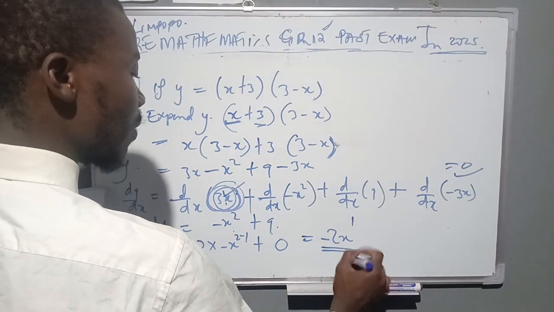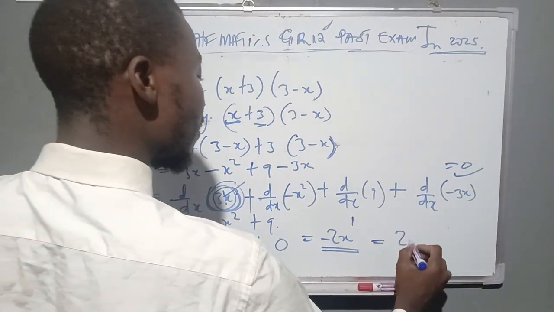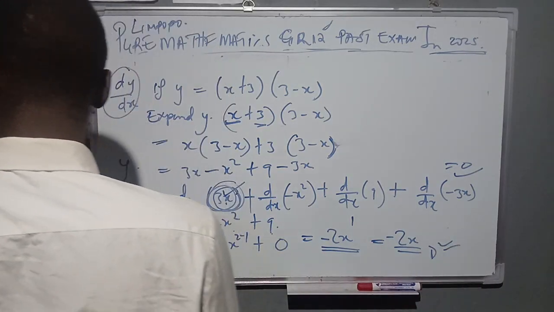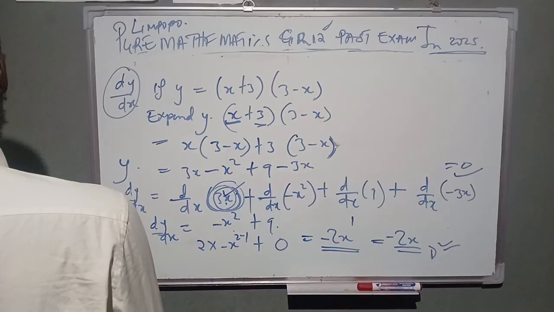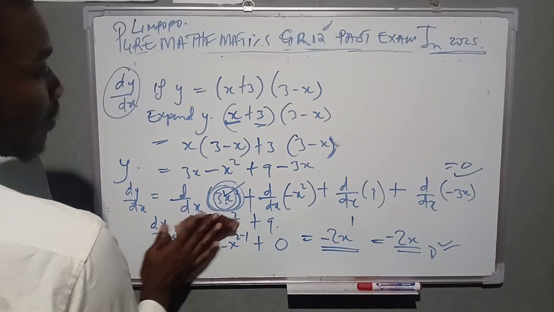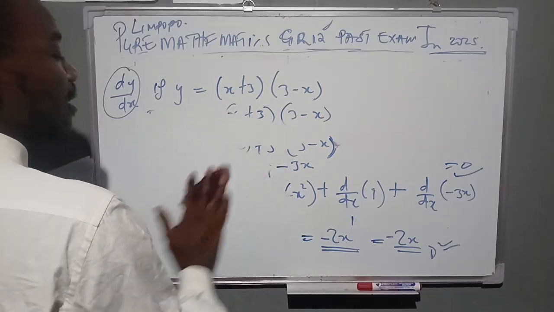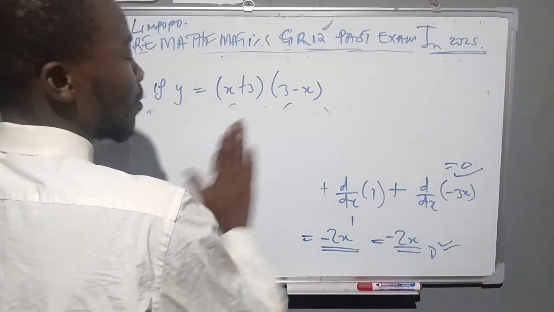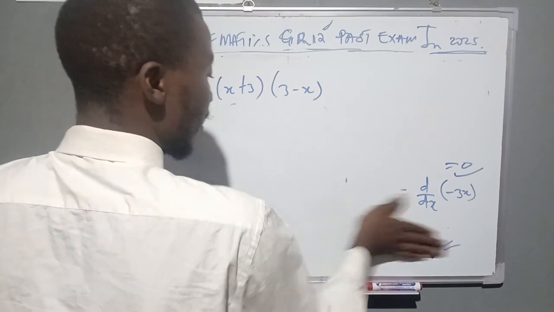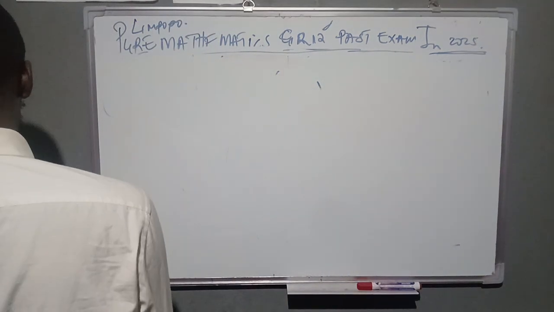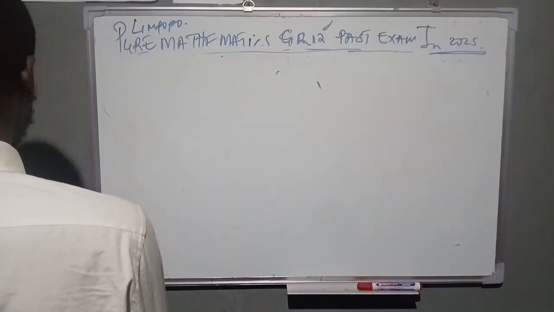So minus 2x to the power 1 is simply minus 2x. So that was the answer to the question that we were given, where we were supposed to find dy dx if y equals x plus 3 times 3 minus x.